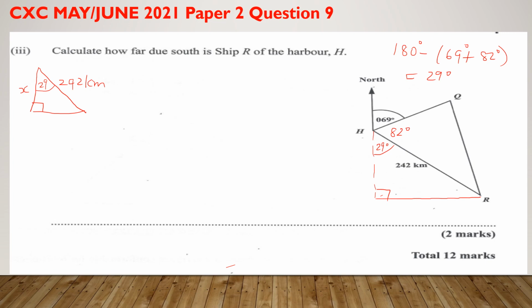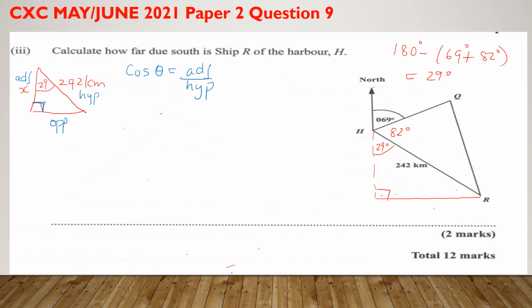So that means that here, right opposite the right angle, is the hypotenuse. And we're trying to find the adjacent, because over here is the opposite. So the ratio is adjacent and hypotenuse. So that's cos. Cos theta equals adjacent over hypotenuse.